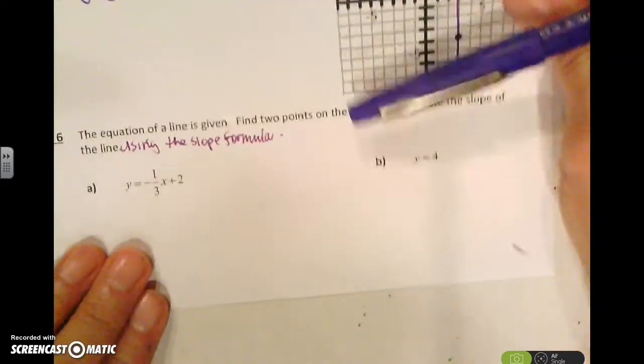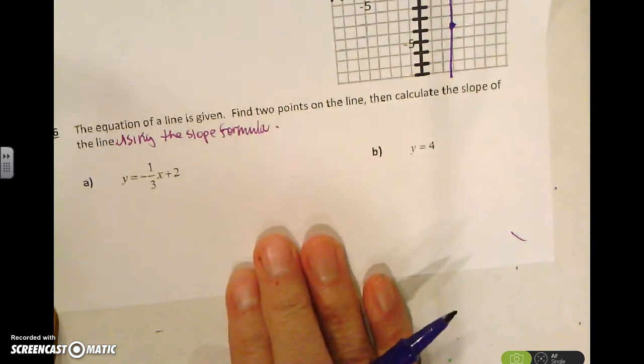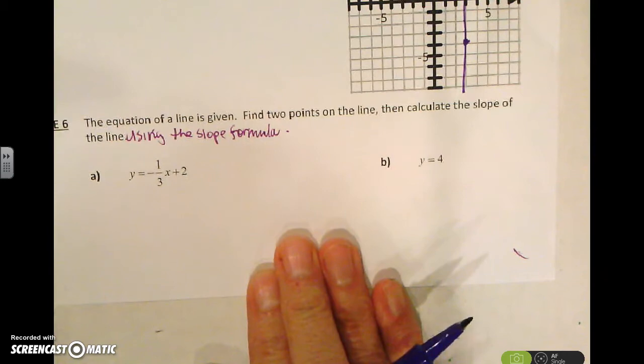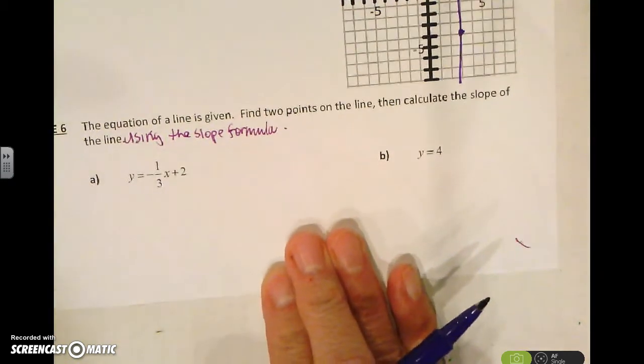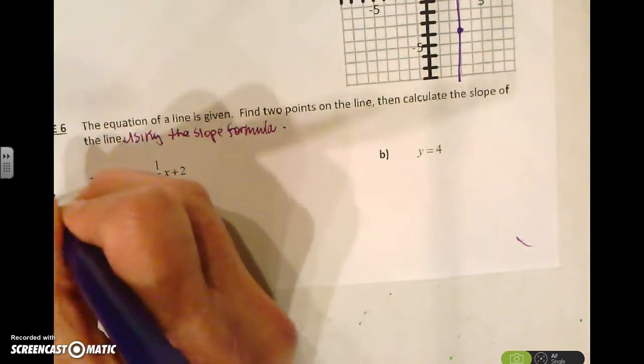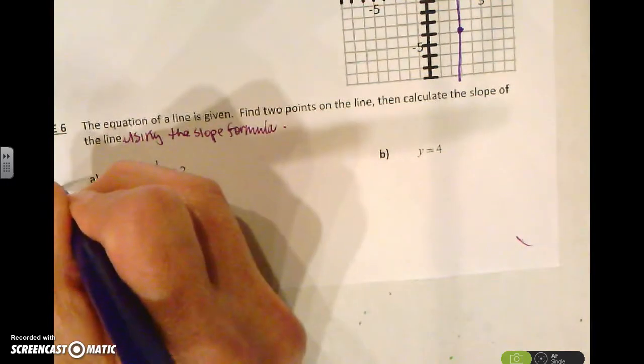One last example down here, example 6. The equation of a line is given. Find 2 points on the line, and then calculate the slope of the line using that slope formula. Well, to find points, we're going to use a table. So we'll do a little mini table here, and we'll let x be 0, and we'll find our y.